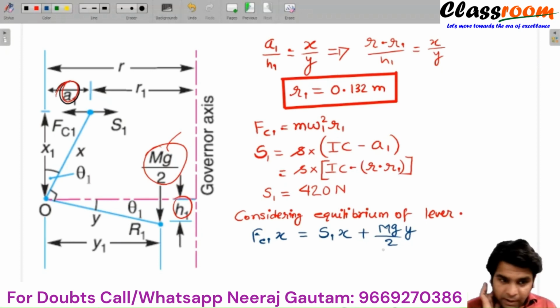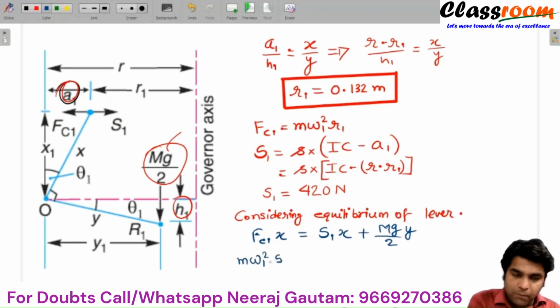In this relation, we know that the value of Fc1 is in terms of omega 1, that is m omega 1 square r1.